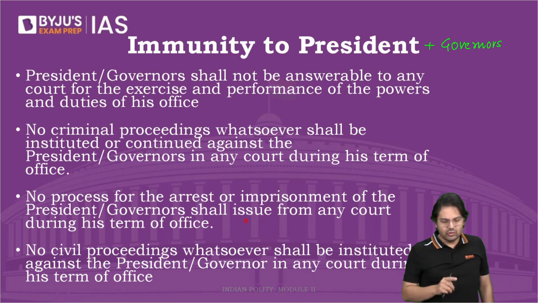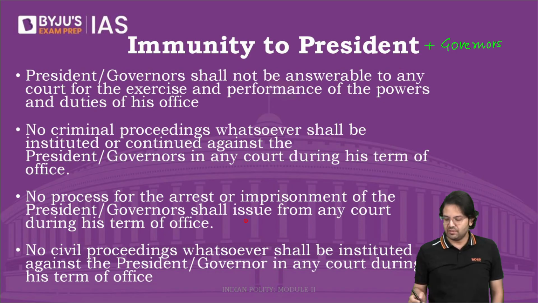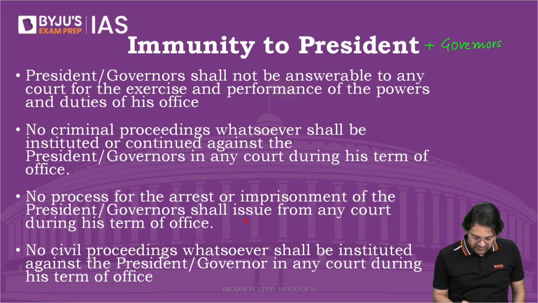Anyway, lastly, no civil proceedings whatsoever shall be instituted against the president in any court during his term of office. But see, one small point. Civil case can be filed.